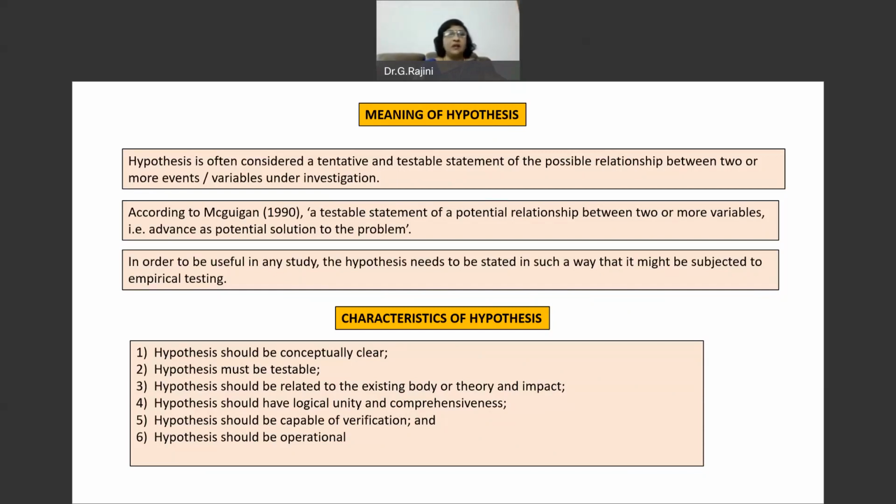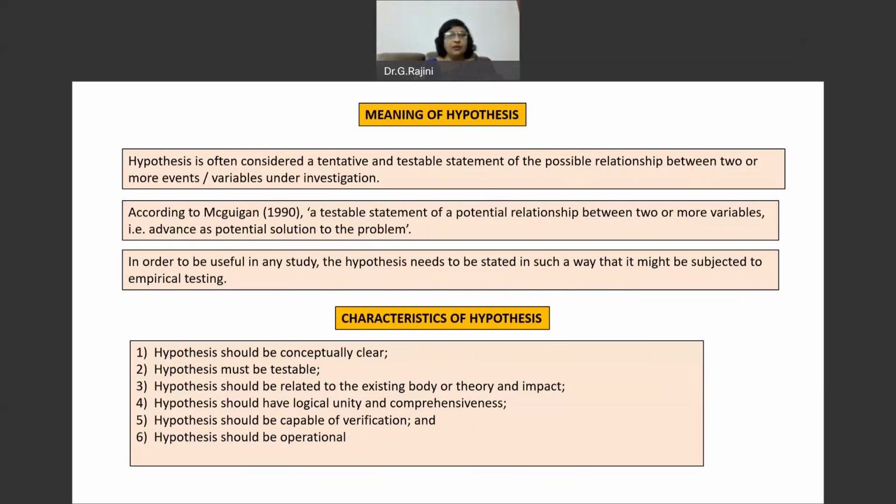Likewise here, a hypothesis is considered a tentative and testable statement. We are framing one statement, like how we frame a vision statement, about the possible relationship between two or more variables which are under investigation.